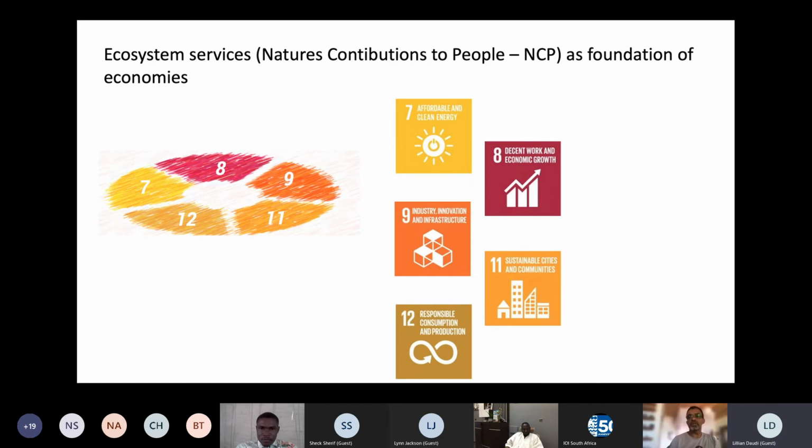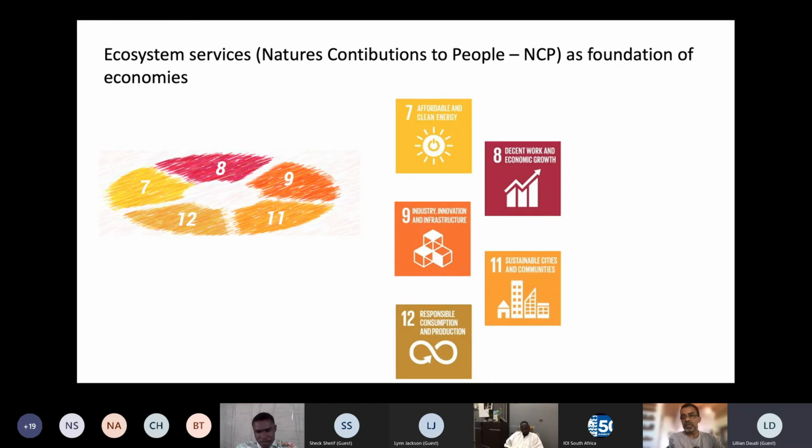Then the ecosystem service layer. This is really about the contributions from nature that we use. This may not be the best language, but the foundations of all economies are really based on where we live, where our settlements are, what we can extract, what genetic materials we can use for innovation and for medicine and for new ideas, and what energy sources we use.